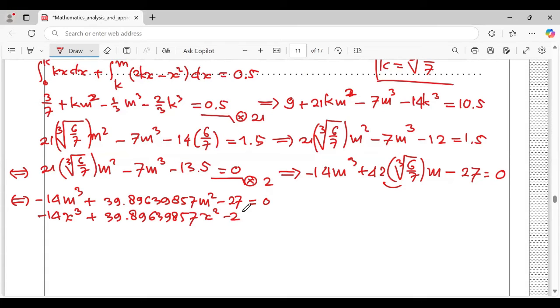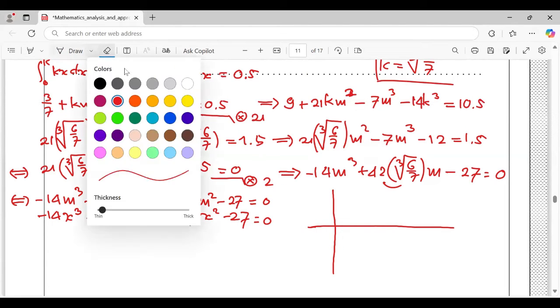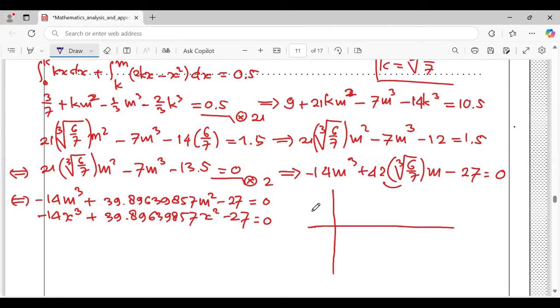Through my Casio graph 75 calculator, the graph looks like this, the diagram. It becomes like this. Okay, a different color, the diagram like this.